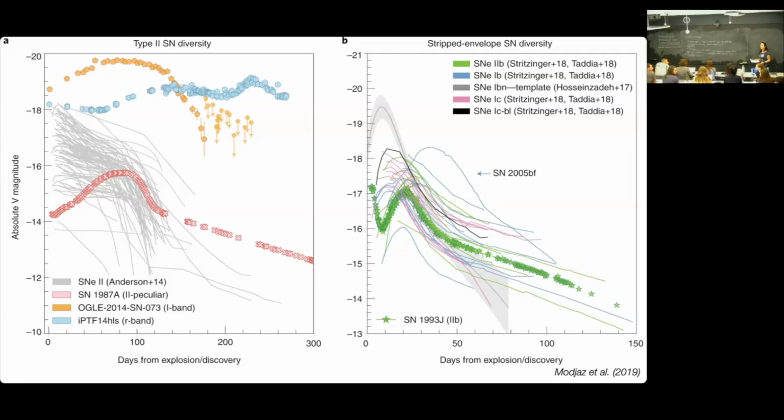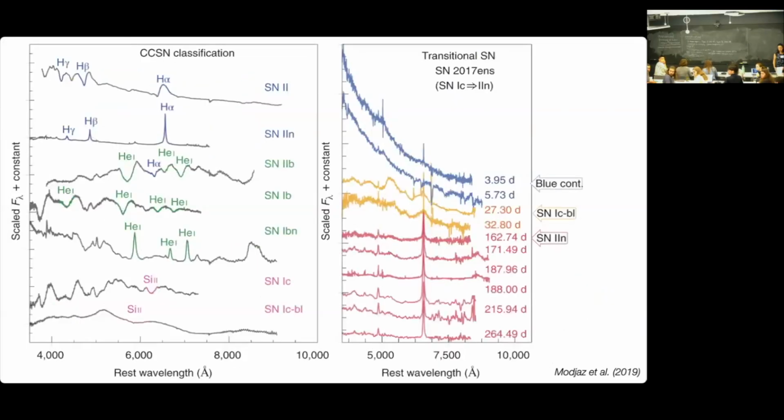All right, so if you could go back to the slide with the supernova that changed classification. First it's classified as a 1C, but I feel like I already see the helium emission lines that would make it a 2N, the narrow lines. I feel like the spikes are already there.